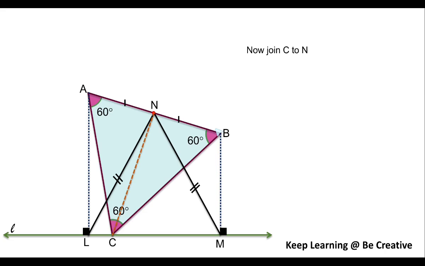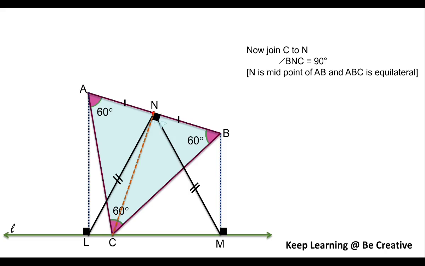Now, since ABC was an equilateral triangle, I have connected CN. By doing so, I get angle BNC as 90 degrees, as in an equilateral triangle, if CN is a median, it will be an altitude as well.